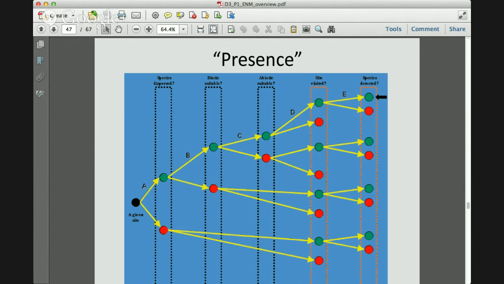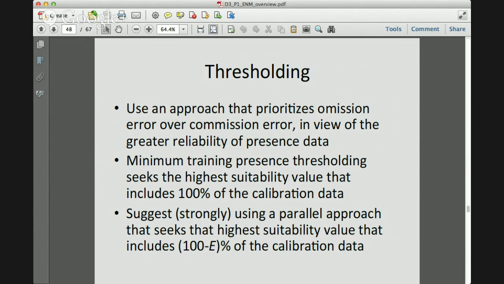And yet that's an absence record. So we need an approach that prioritizes omission error over commission error. And I would suggest using an approach that looks first at omission error and then at commission error.